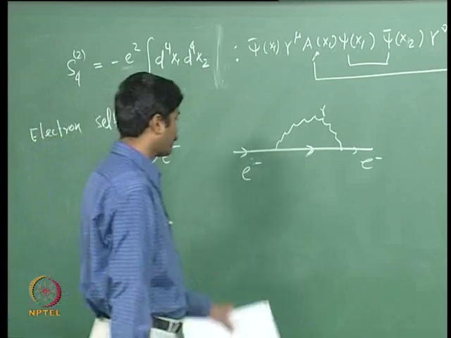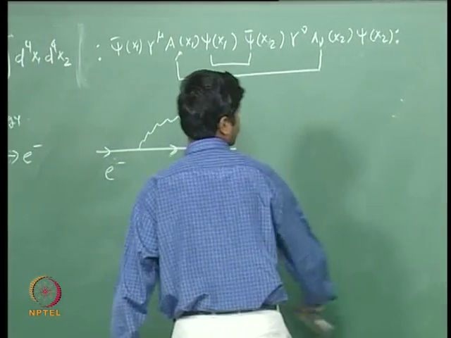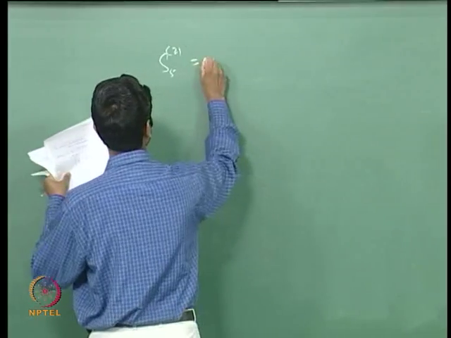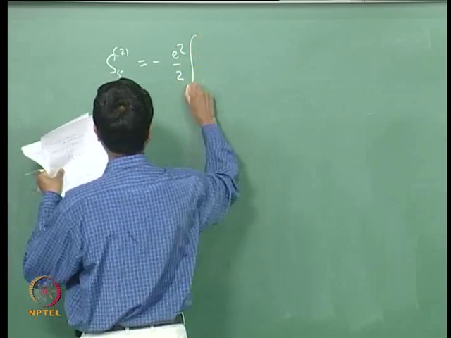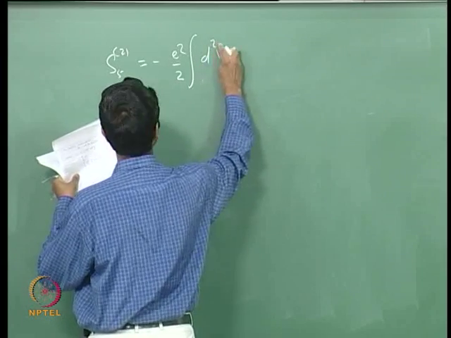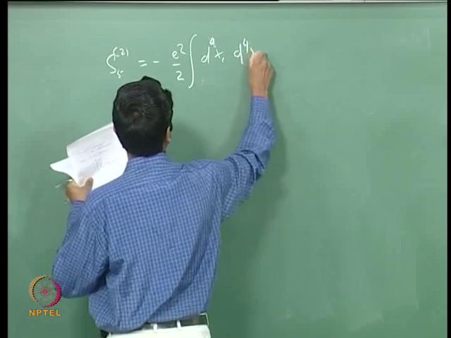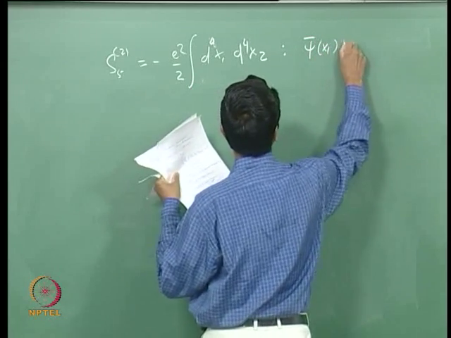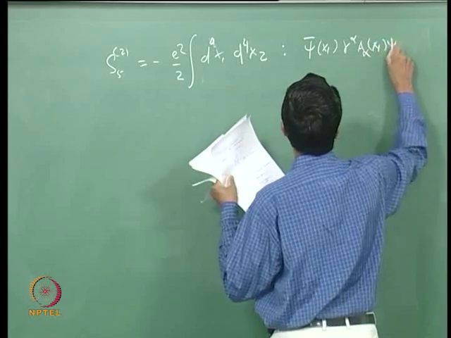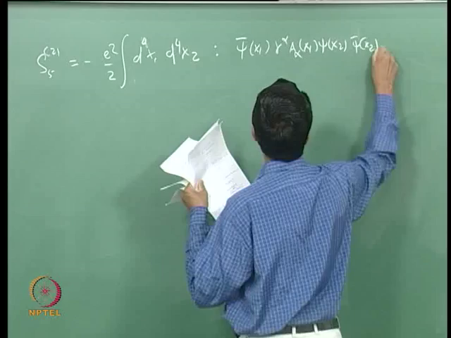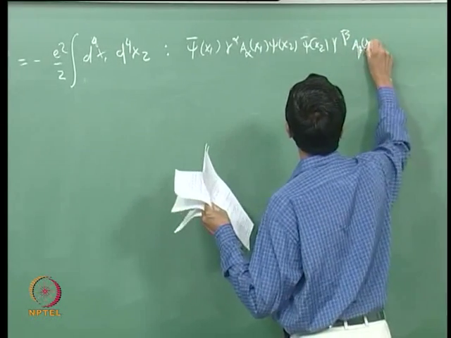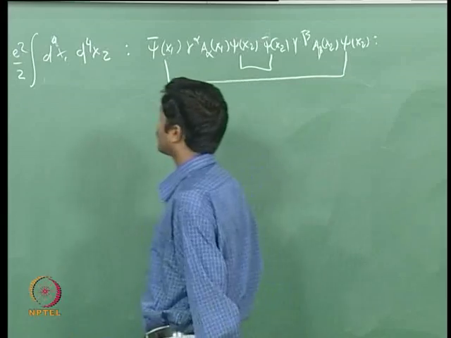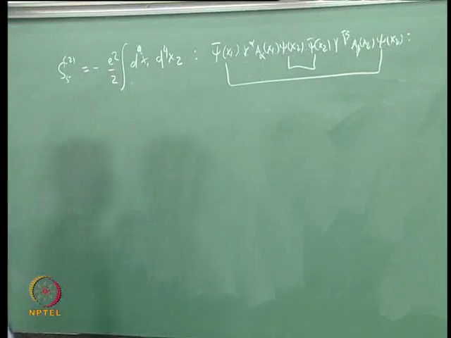Finally, there is this term which I denote as S25, which is minus e square over 2 integral d4 x1 d4 x2 and the normal ordered product of psi bar of x1 gamma alpha A alpha of x1 psi of x1, psi bar of x2 gamma beta A beta of x2 psi of x2, where all the fermions are contracted.